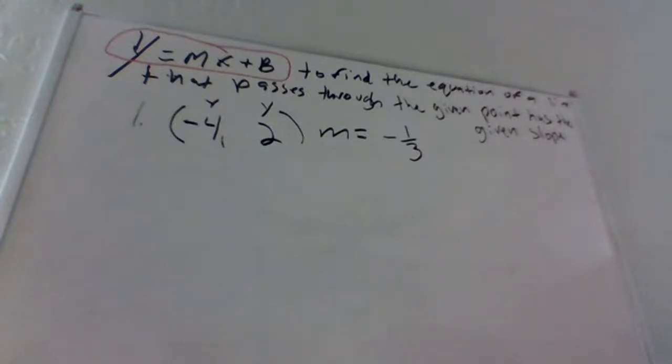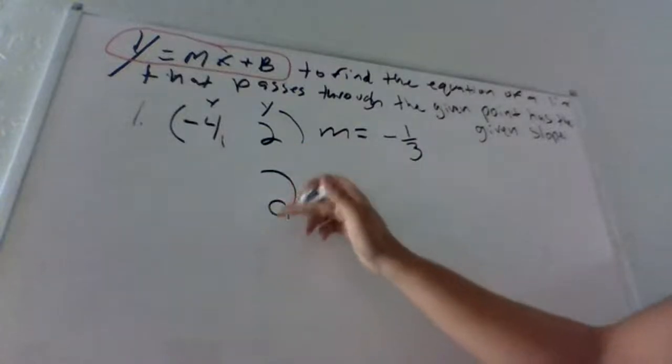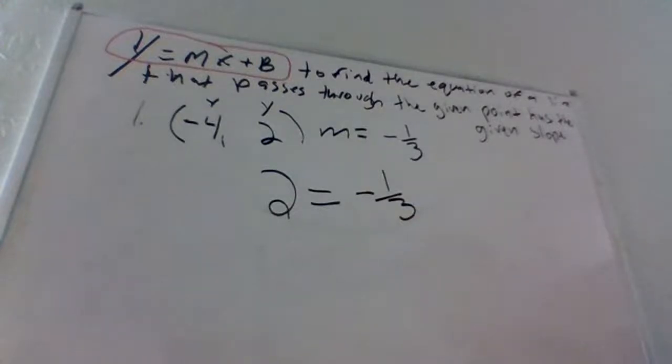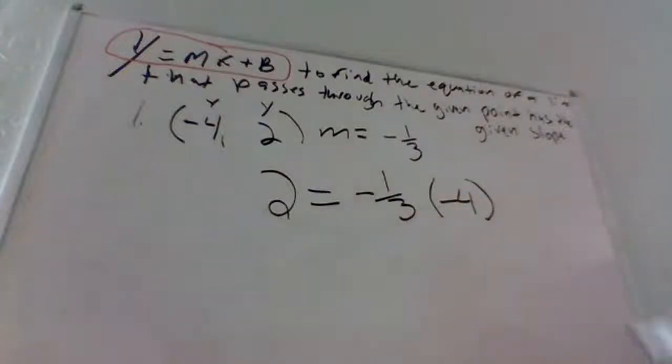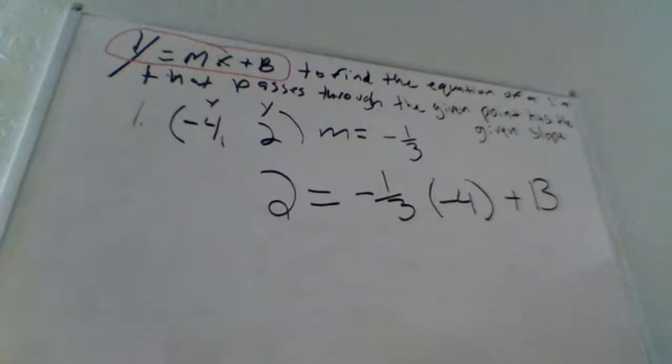So 2 equals negative 1/3, in the parentheses negative 4, plus b. Plus b? Okay. And then what are we gonna do from there? And we multiply negative 1/3 with negative 4.